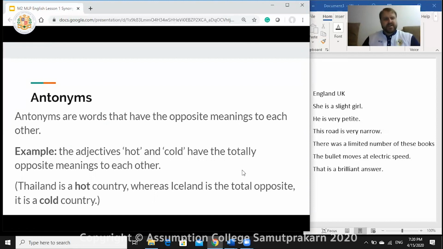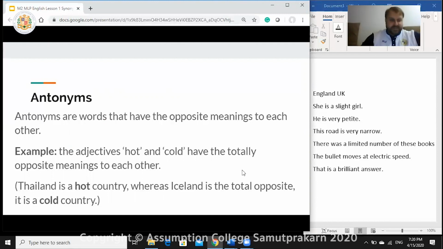Okay, here we've got two adjectives which are antonyms, hot and cold. Hot and cold, totally opposite meanings to each other, completely different. They are the opposite of each other. Example sentence, Thailand is a hot country.